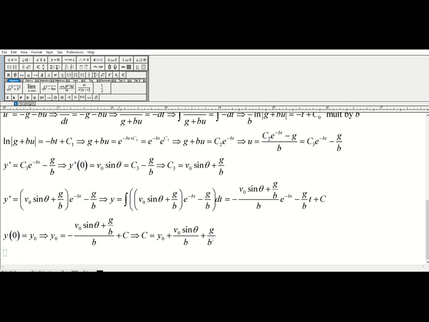Now we have our new constant from the integration, and so we have y itself.